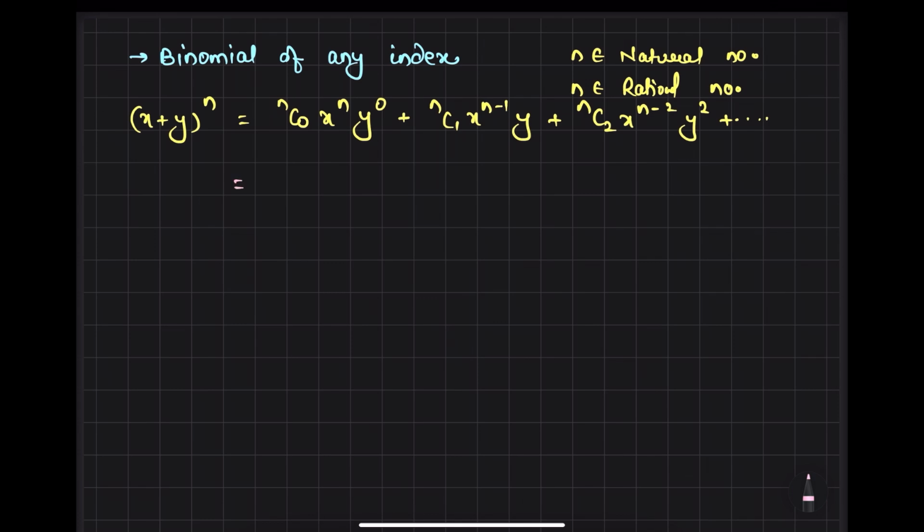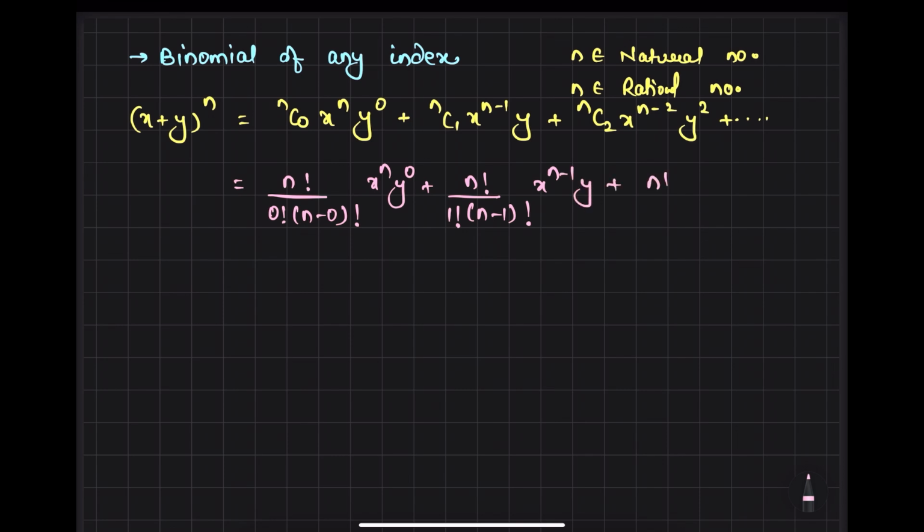But can I break this RHS part into n factorial by 0 factorial, n minus 0 factorial, x^n y^0, n factorial by 1 factorial, n minus 1 factorial, x^(n-1) y, n factorial by 2 factorial, n minus 2 factorial, x^(n-2) y^2, and so on.